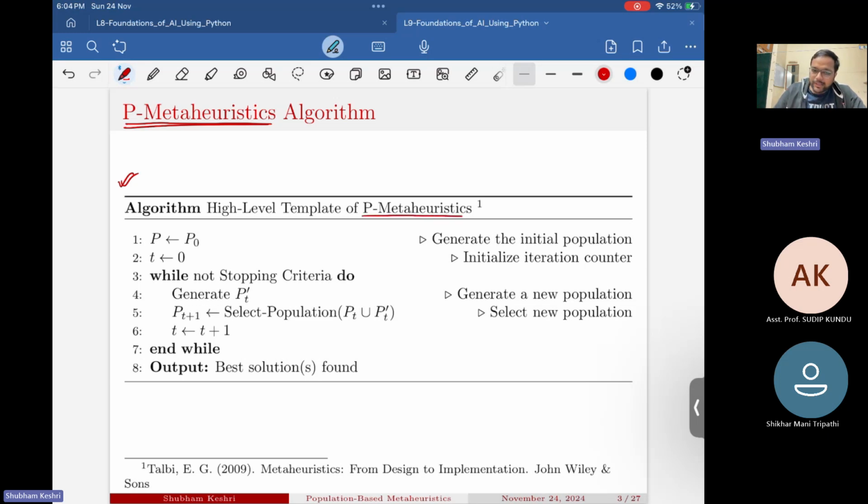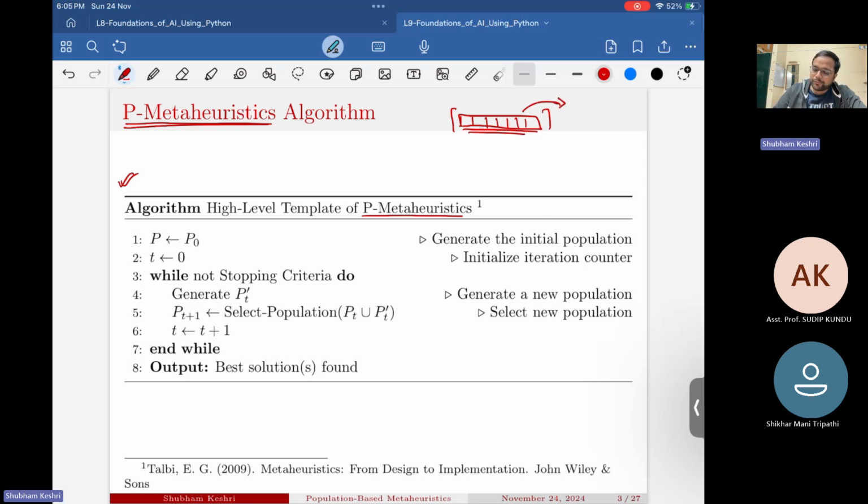You see, S-Metaheuristic is single solution based meta-heuristic. We had one solution. I'm writing a solution in a list form because we talked about representation in our previous class. I hope you remember. If you don't remember, you can just stop me and I'll revise it. So this is one solution. What we try to do in single solution based meta-heuristic is improve this solution using the idea of neighborhoods.